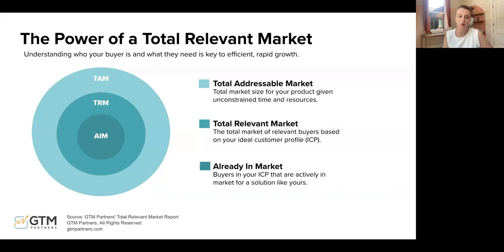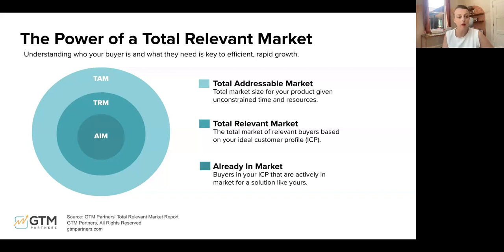And so when we talk about total addressable market versus total relevant market versus already in market, that really is the difference between spending a lot of money on people who could buy your product, spending a lot of money on people we would like to buy our product, or spending money marketing to people who are already ready to buy a product. And really the goal here is that we want them to select us.